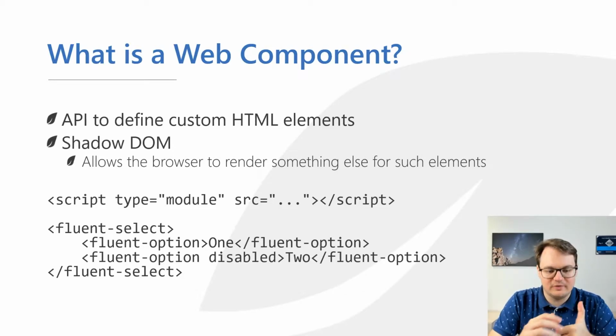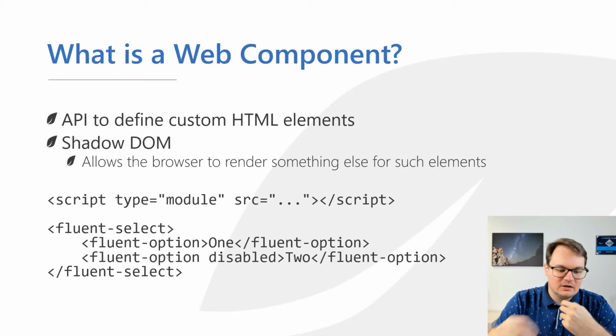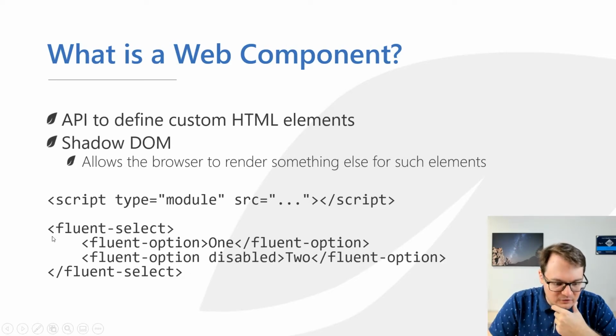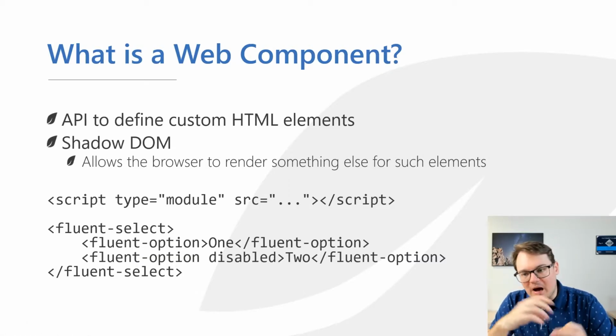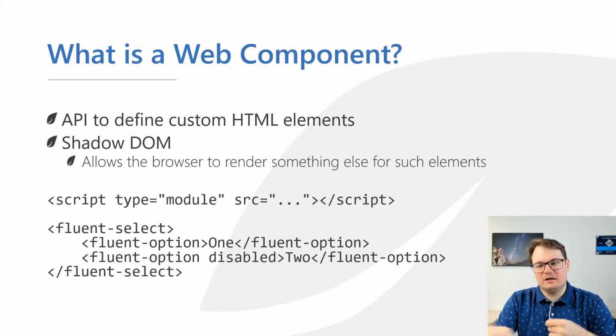First is a JavaScript API, which allows you to define custom HTML elements. So you can define, like the Fluent UI team has defined, the Fluent select element, and this element is not transpiled to anything else, like if you use DotVVM components or something like that.